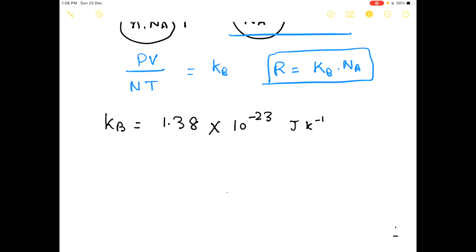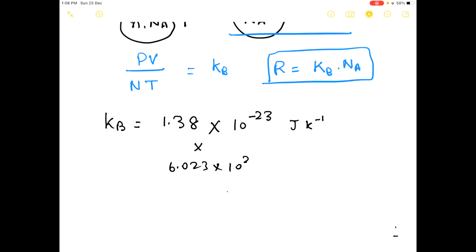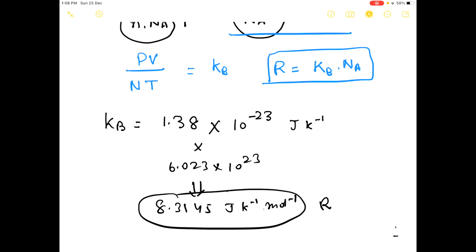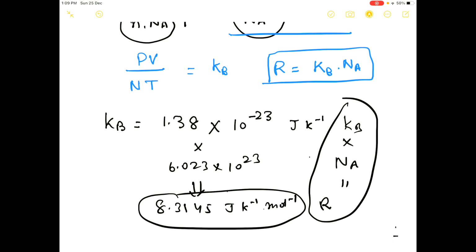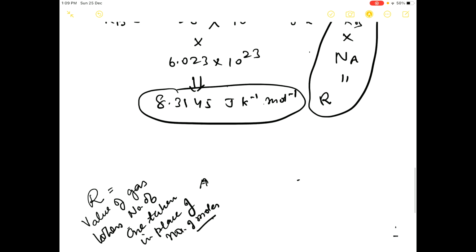If we multiply it by Avogadro number, we get 8.3145 joules per Kelvin per mole, and this is the value of R. It means Kb into Avogadro number is equal to R. This is the relation between Boltzmann constant and gas constant.